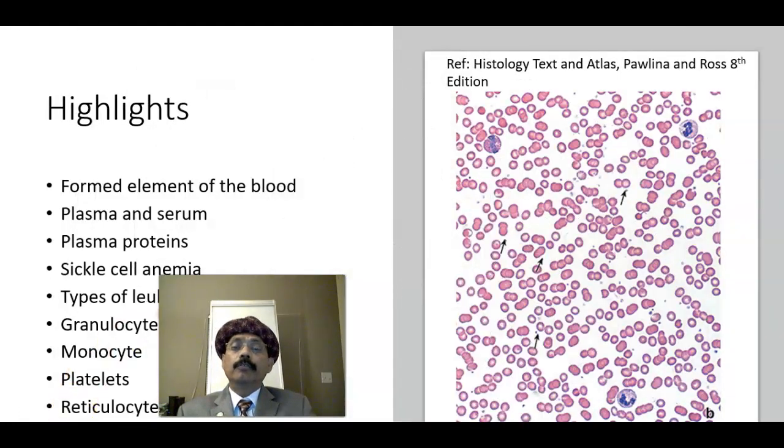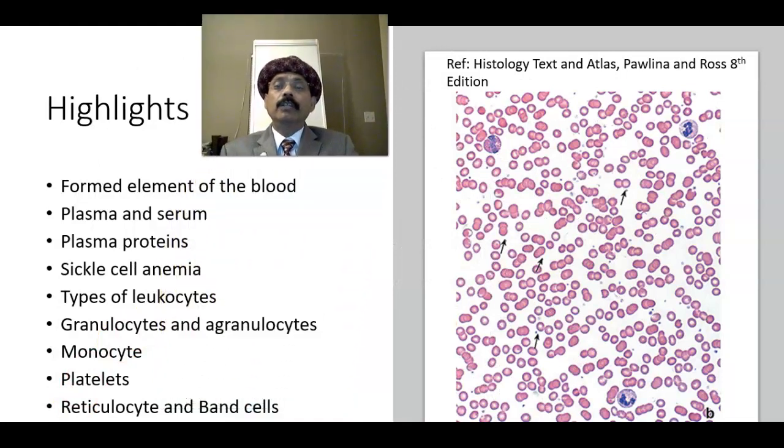Okay, so we'll go through the highlights of our slide. The formed elements of the blood are the RBC, WBC and platelets. Plasma is the fluid portion of the blood, and it is rich in plasma proteins like albumin, globulin and fibrinogen.